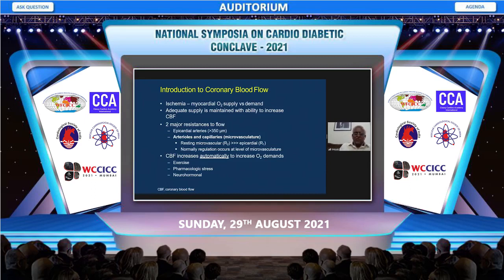So the blood flow increases automatically on demand, exercise, pharmacological or neuro. So in diabetes, that is offset. The other major determinant, the physical or anatomical form of disease, may not yet exhibit, but these things have started changing. And CFR is the method to catch those things early and factor them into the treatment.